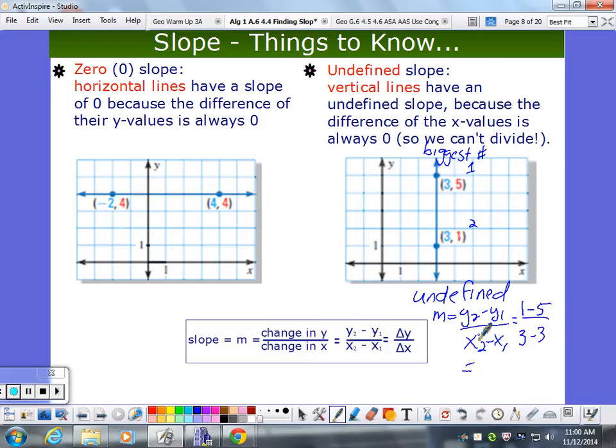All right, 1 minus 5, 3 minus... Oh yeah, if you divide by 0, you cannot divide by 0. In mathematics, this is undefined. So see how it works? Mathematically, we can't come up with a number. Why? Because there is no biggest number to describe how steep that is.